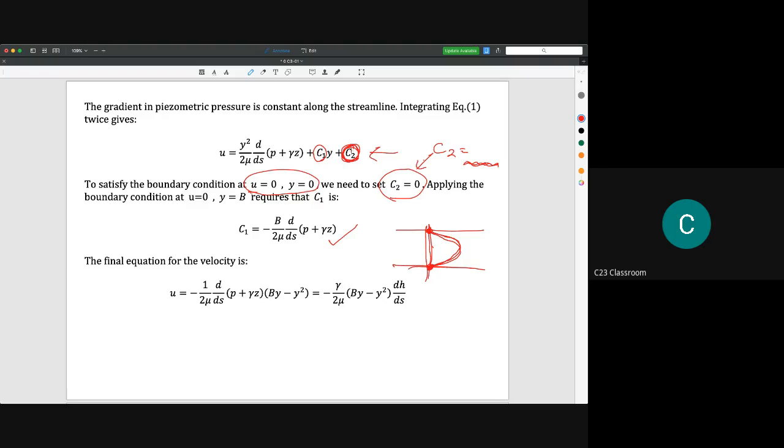That's why we say that C2 here must be 0. You could set the constant equal to 0 if you know the trend of this graph. This is the rule of thumb, because I have experienced students doing the calculation and suddenly they get a value of C2 here.